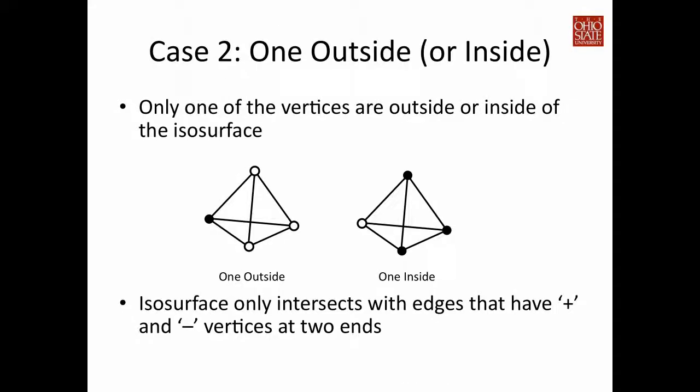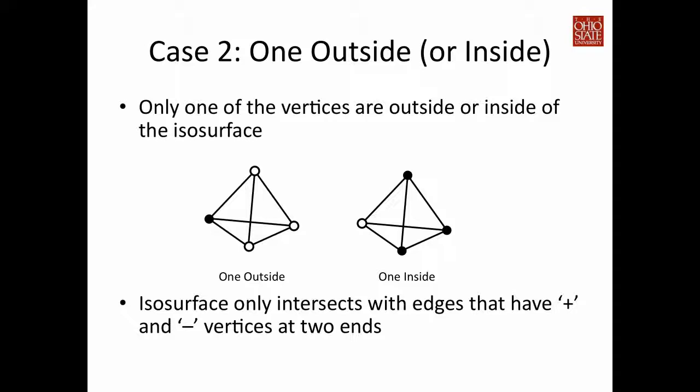So the second case is that the isosurface cuts through the tetrahedral cell by one corner. This corresponds to two possible geometric cases. Here on the left, we have one vertex that has value greater than the isocontour value, and the other three vertices have value less than the isocontour value.